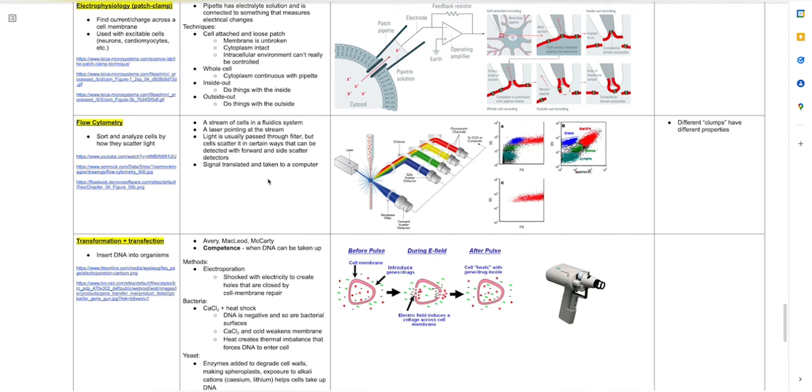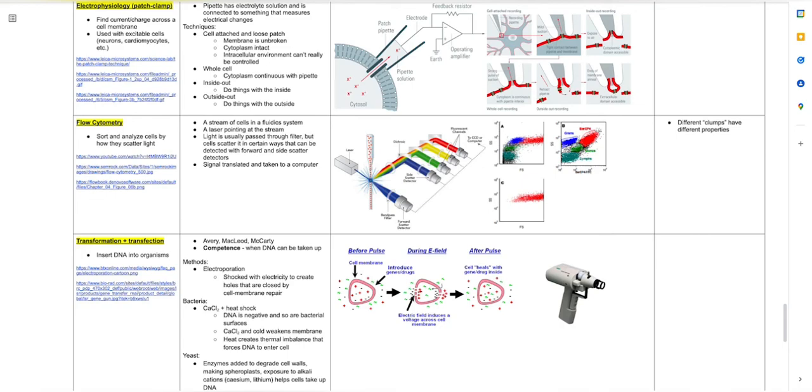Then you get graphs like this, and you can identify clumps with different properties. These are usually different types of cells. So you can identify cells and sort them based on how they scatter light. This is a pretty good way to sort cells and say, oh, this is this cell, for purposes like that.